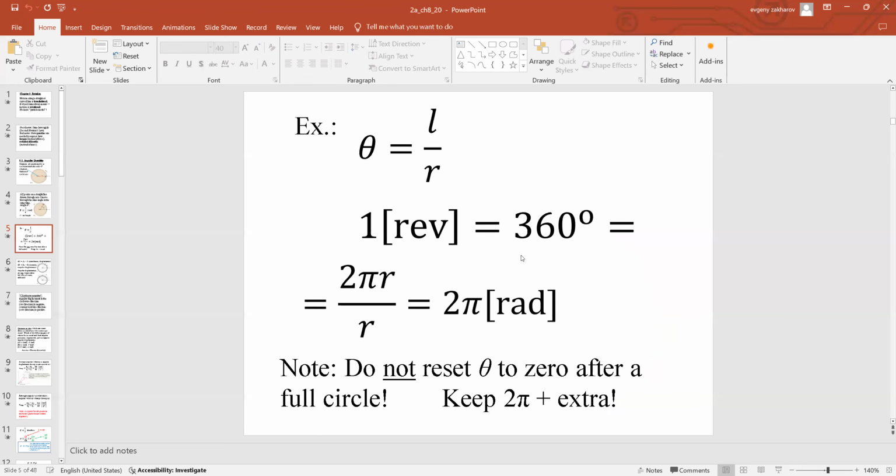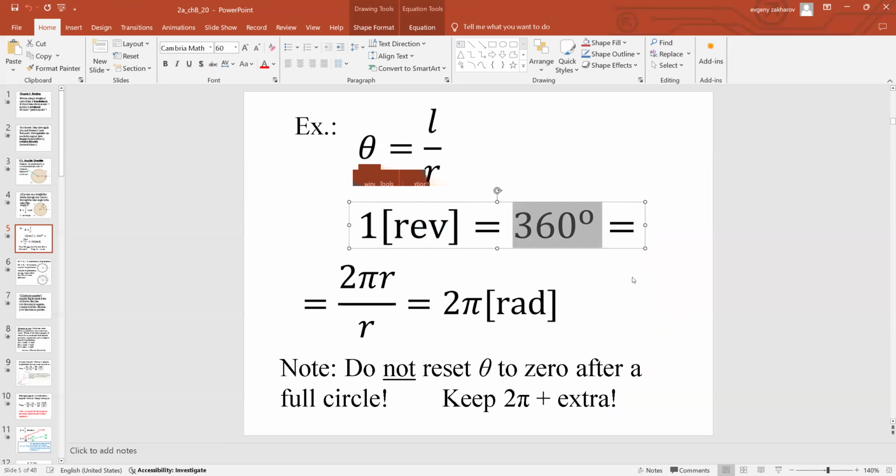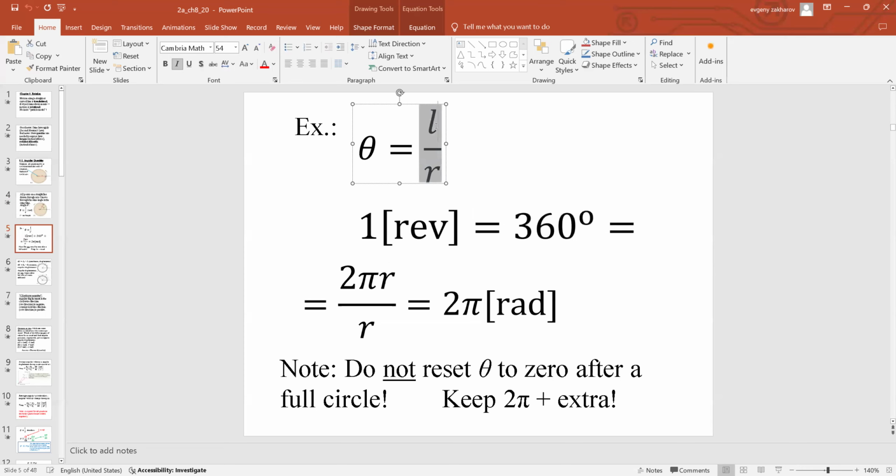Let's take a look at an example for conversion between angles and radians. So this is the formula, arc length over the radius. And let's think about 360 degrees, which would be the same as one complete revolution. So one complete revolution corresponds to 360 degrees. So how do you convert that into radians? Well, what is the arc length? What is the distance that a point travels through in one complete revolution?